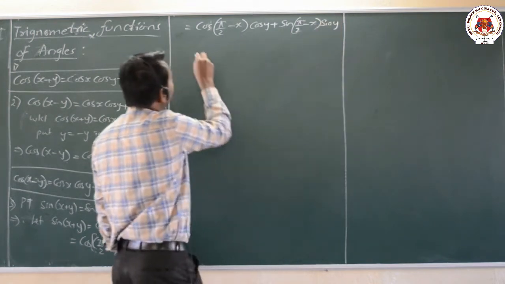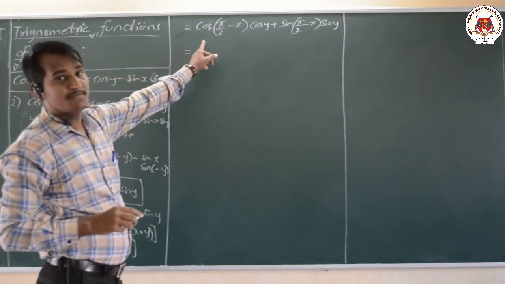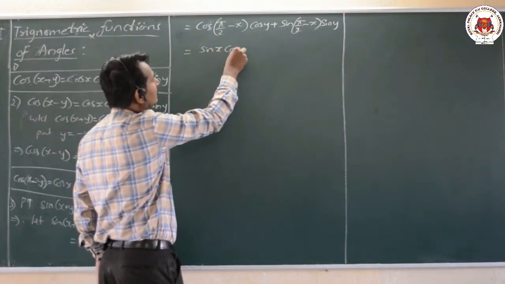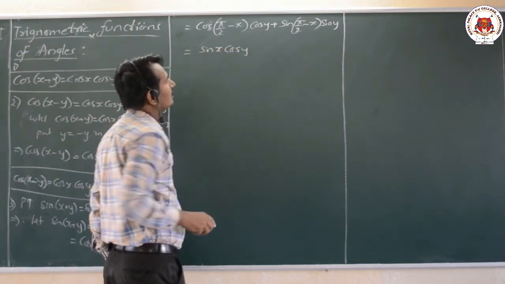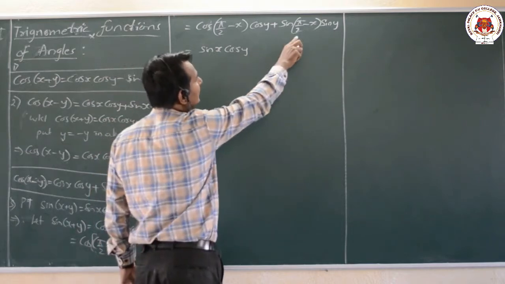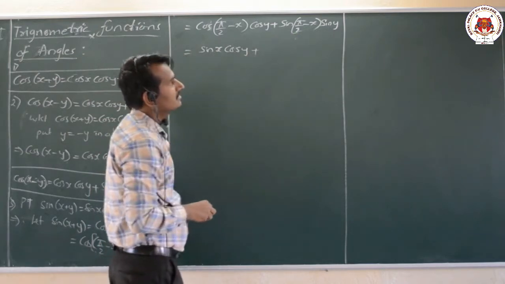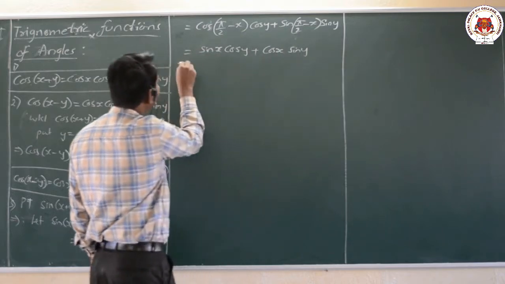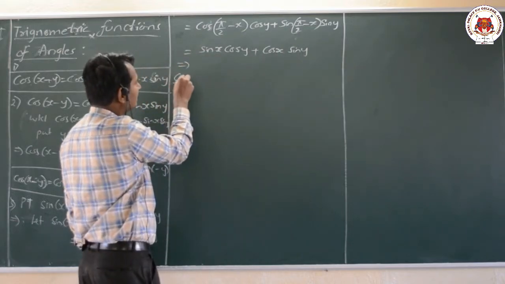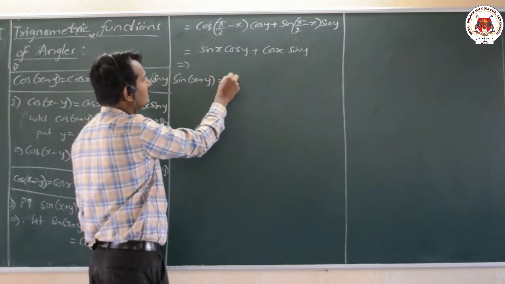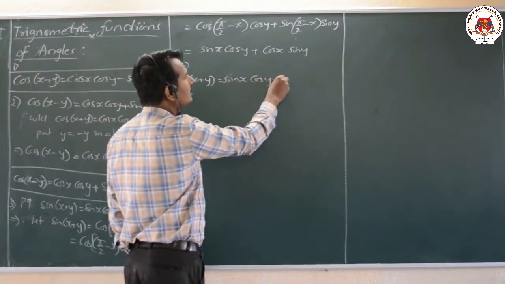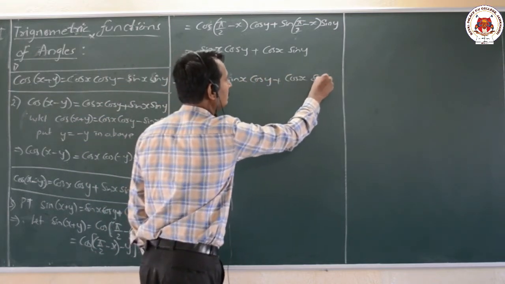Now ultimately cos of pi by 2 minus x is sin x, so sin x cos y, then sin of pi by 2 minus x is cos x into sin y. That implies the formula sin of x plus y equals sin x cos y plus cos x sin y.